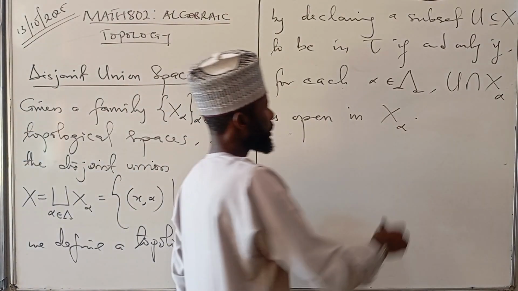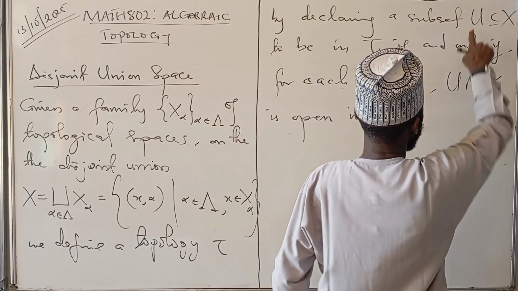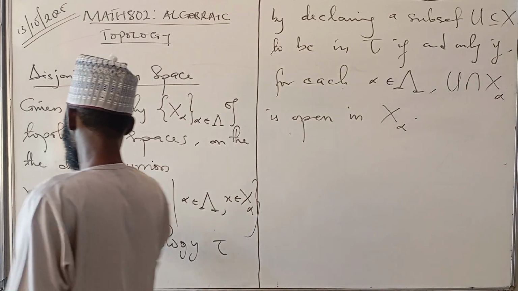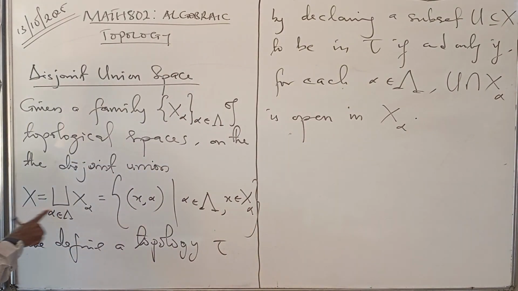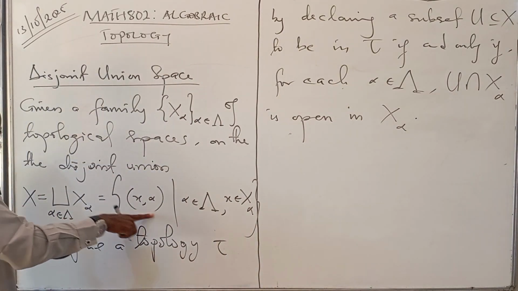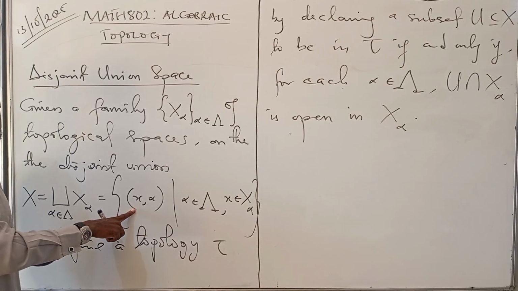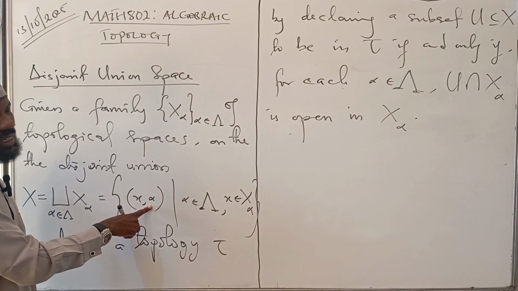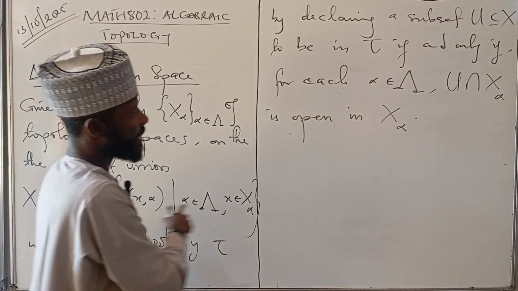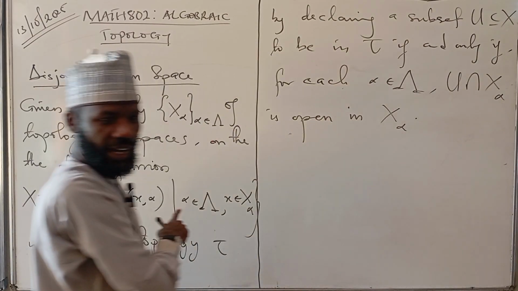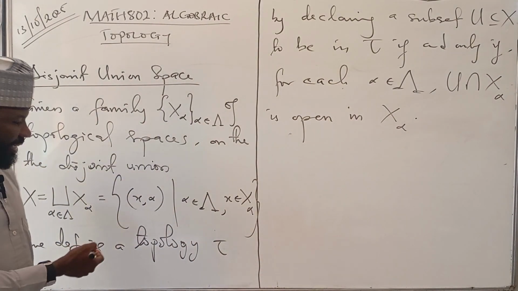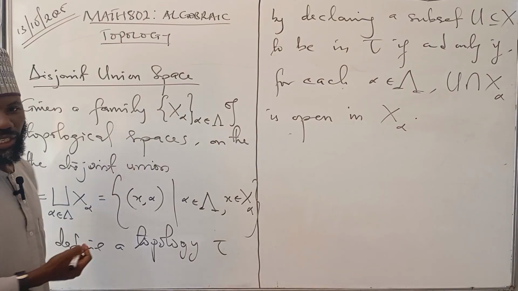But something is fishy here, because U is a subset of what? Of X, and X is this disjoint union. Members of X are ordered pairs like this, x comma alpha. So elements in U are ordered pairs, while elements in X alpha are just the point x. So how do you see the intersection?